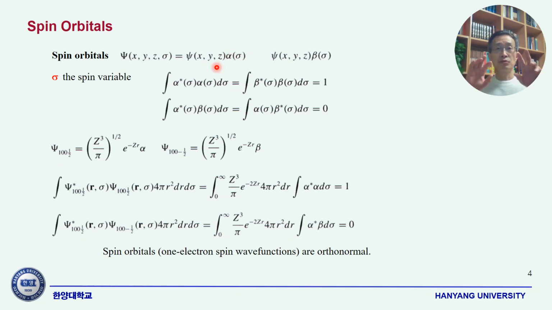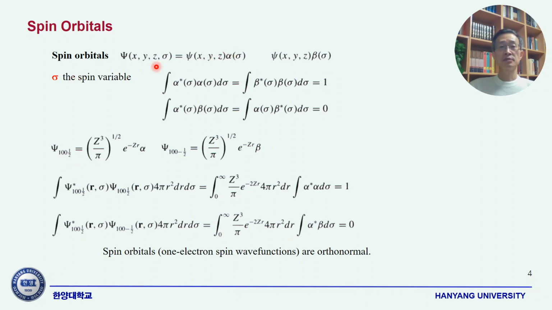So the Cartesian coordinate is for the spatial part. This is a spatial orbital, and alpha of sigma is a spin function. So the spatial function times the spin function makes the spin orbital. This is one spin orbital, and the other one is psi beta. So psi alpha or psi beta are two spin orbitals.